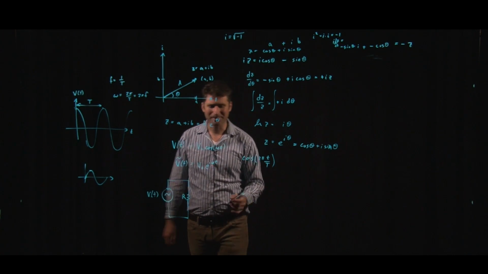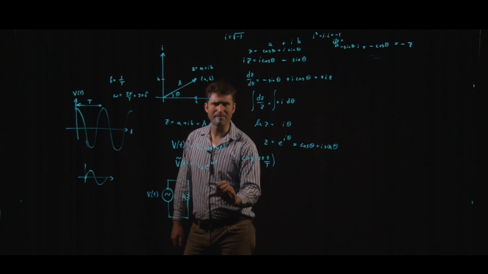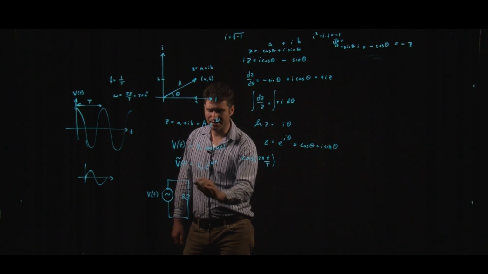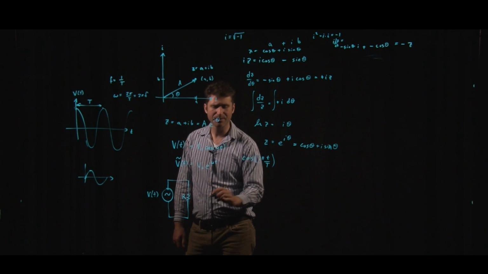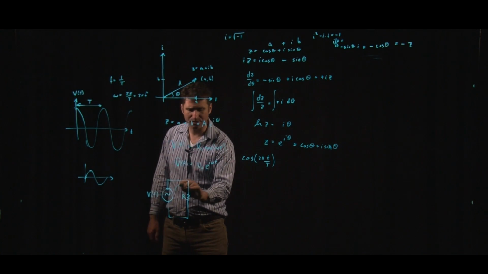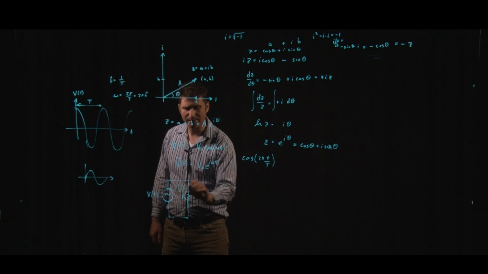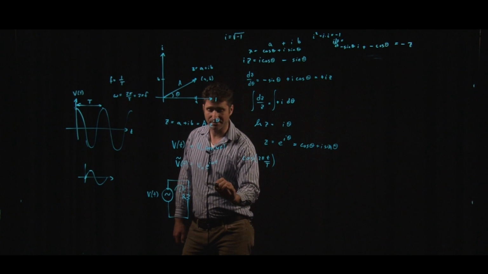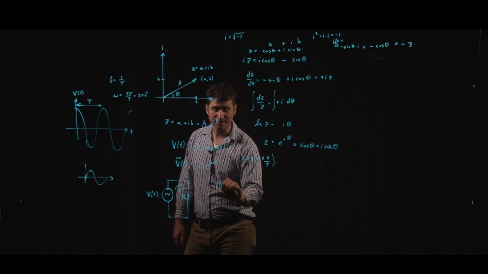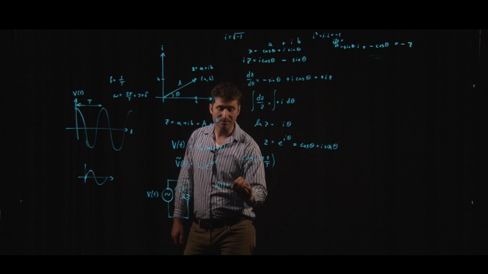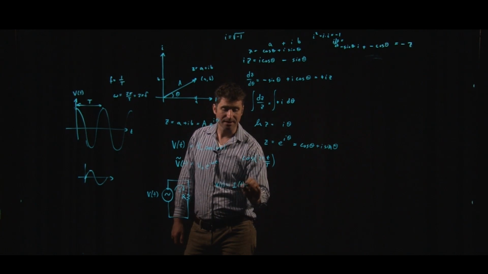Well, it probably seems pretty trivial if you remember Ohm's law. Ohm's law says that the voltage drop across this resistor is equal to the current going through this resistor times its resistance. So let's write that in words. This says V of t across the resistor is equal to I of t times R.